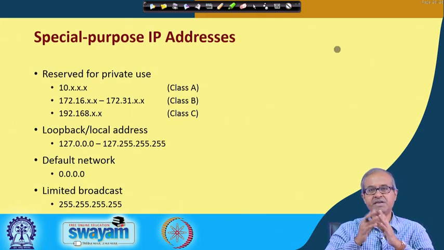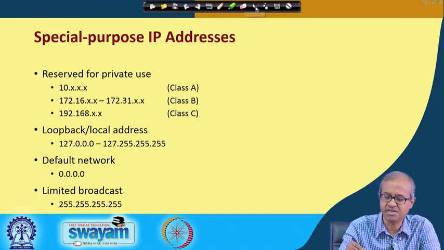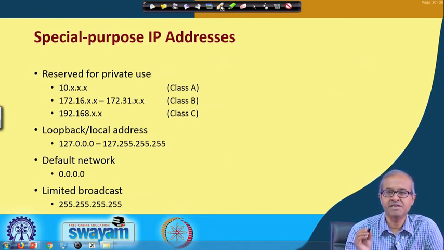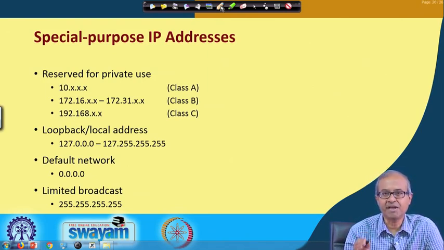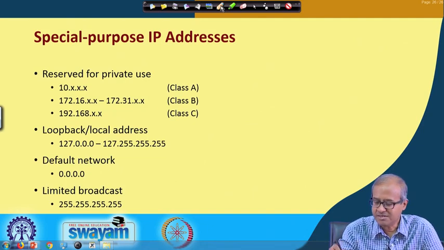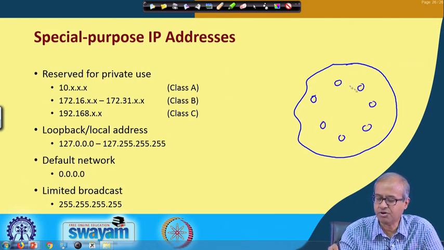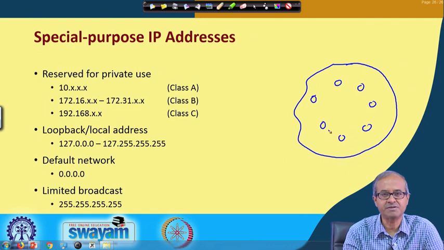Now, I mentioned that there are some special purpose IP addresses which are reserved for some special purposes. First, there are something called private IP addresses. Suppose I have an organization, I want to use some computers inside my organization to communicate among themselves.